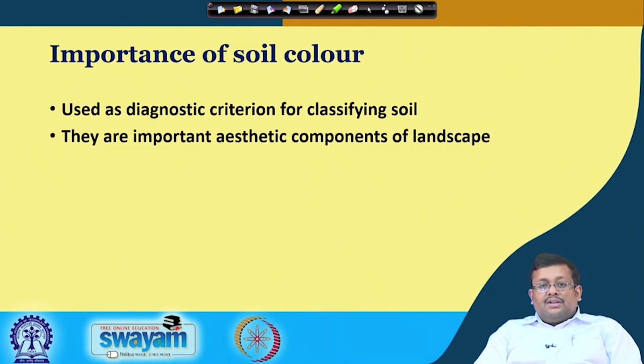Nowadays scientists have developed several cheaper image based instruments which are helpful for quantitative estimation of soil color, because using the Munsell soil color chart it is qualitative and subjective, as it depends on the perspective of the investigator who is giving the name.